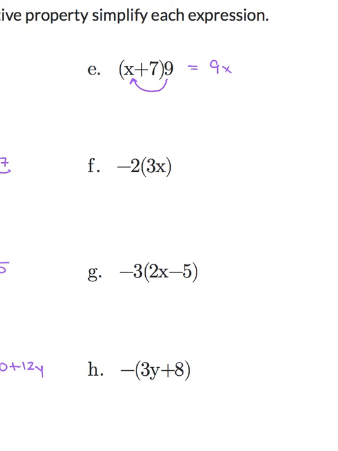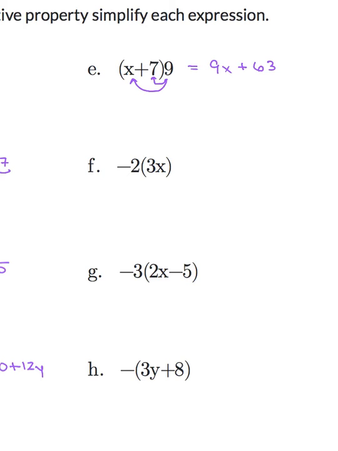I'm going to write the 9 on the left just because that's more of a standard notation, always writing the coefficient in front of the variable. And then I'm going to multiply 9 times 7, and we get 63. So our final answer is 9x plus 63.